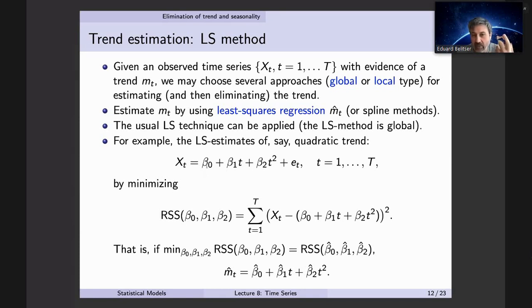We can describe it by three parameters: beta 0, beta 1, and beta 2. Then we would like to fit that model. Of course, it's not linear regression, but we pretend as if it were. And then we can compute beta 0 hat, beta 1 hat, beta 2 hat just by minimizing the residual sum of squares. That would be our estimator for the trend. Why not? That's a global one because we use all the data, so it's used globally in a way.